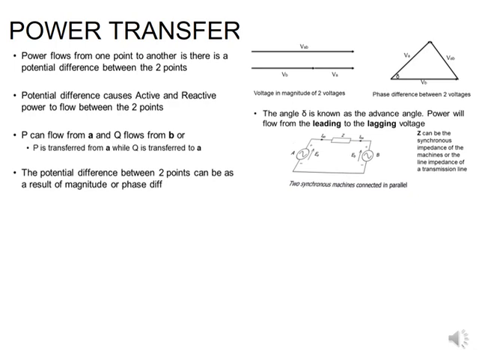Whereas in the incoming, they were just a straight line, now as they are outgoing, you can see that there is a phase shift between the A and the B. And that angle, which we call the advance angle, will flow from your leading to your lagging voltage. Your leading being the one that would be in front and your lagging obviously at the back.